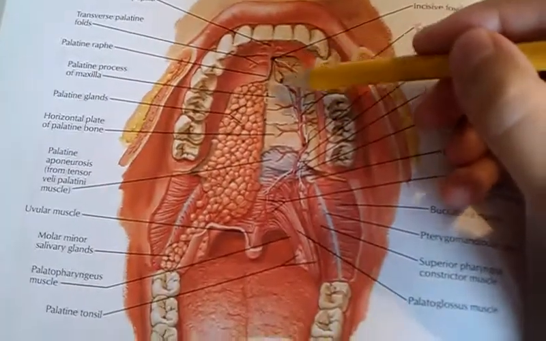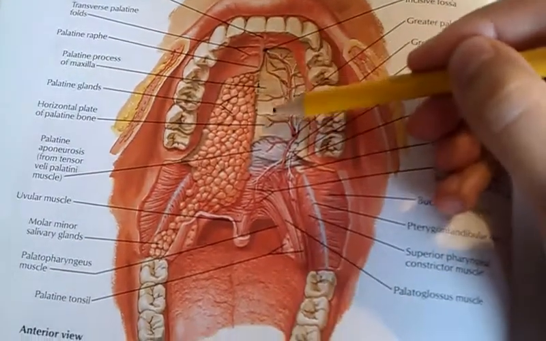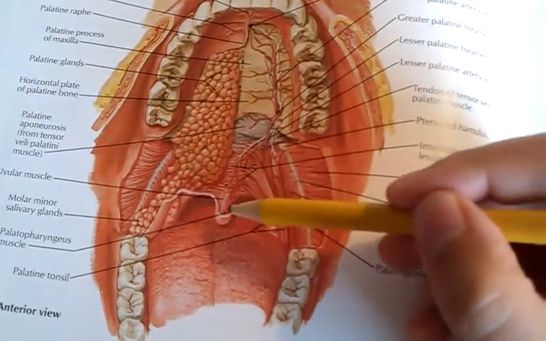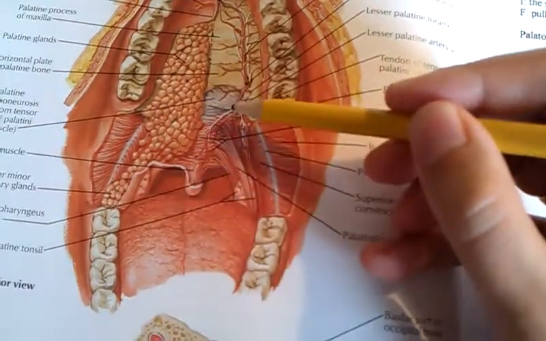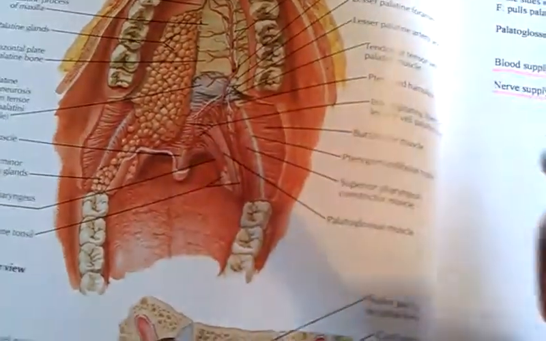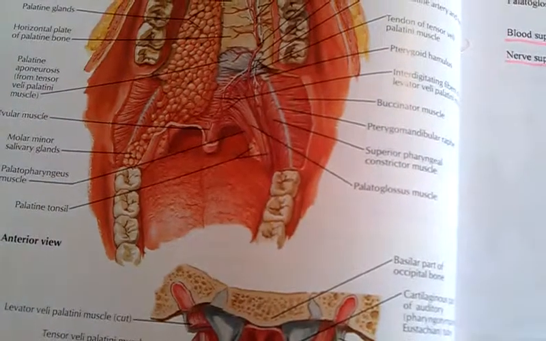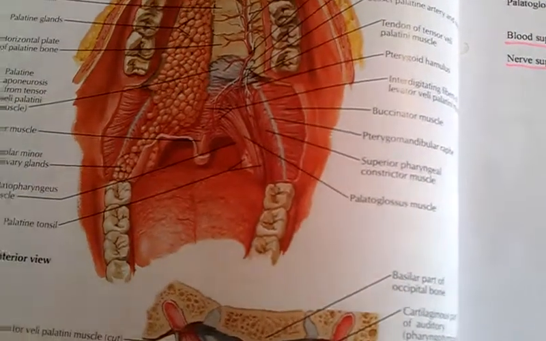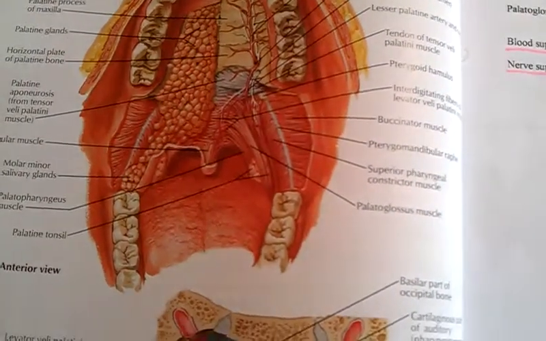Here you can see the bone of the hard palate, and then you have the soft palate, which consists of muscles and tendons of the muscles. And it also consists of mucosa.